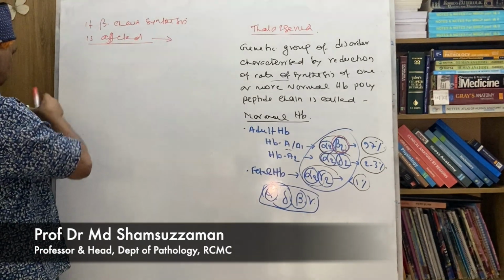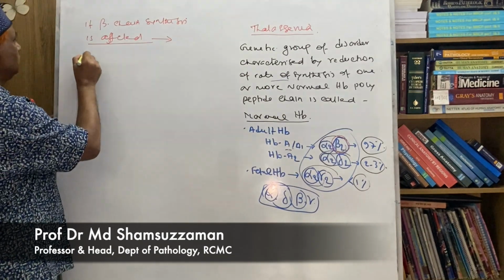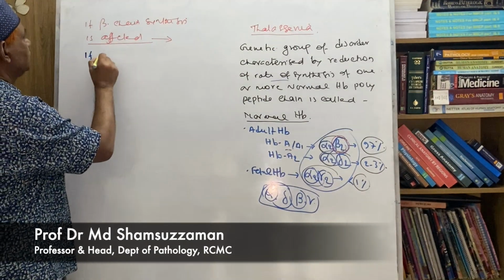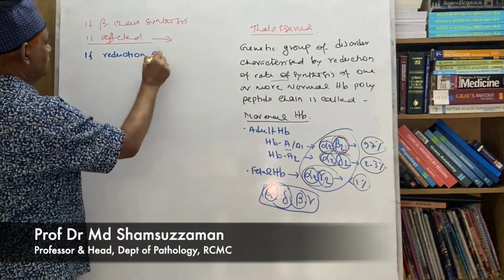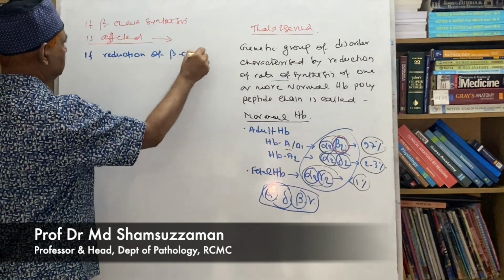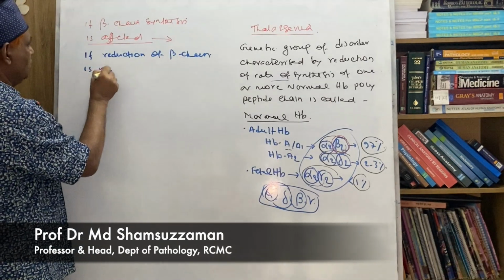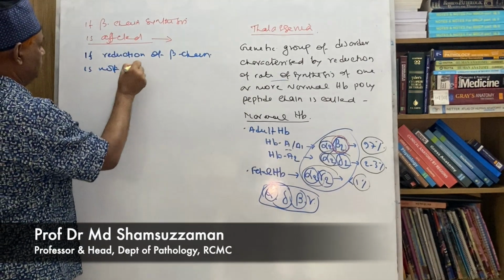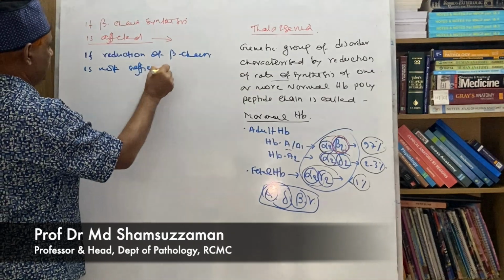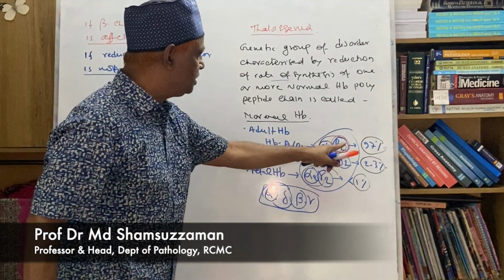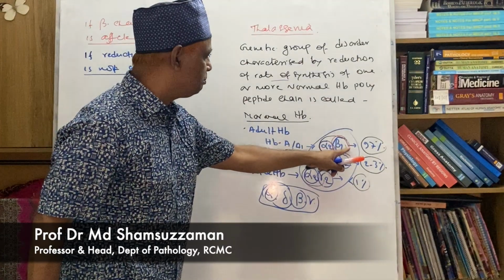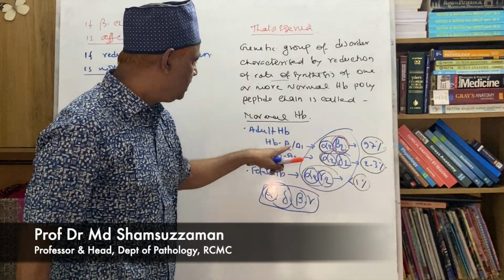If reduction of beta chain is not sufficient, then what will happen? If not sufficiency of reduction of beta chain synthesis, what will happen?